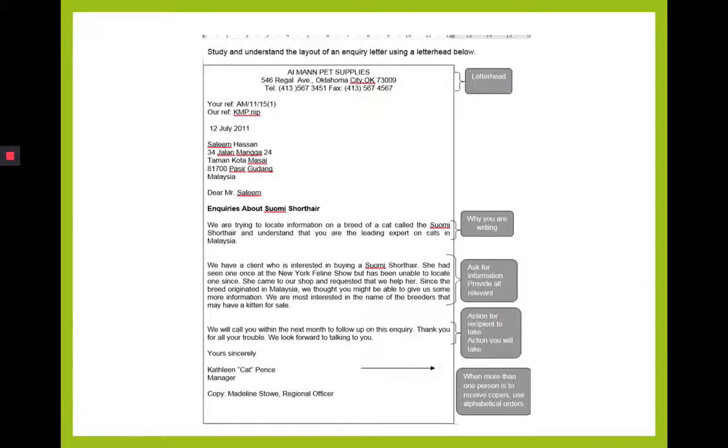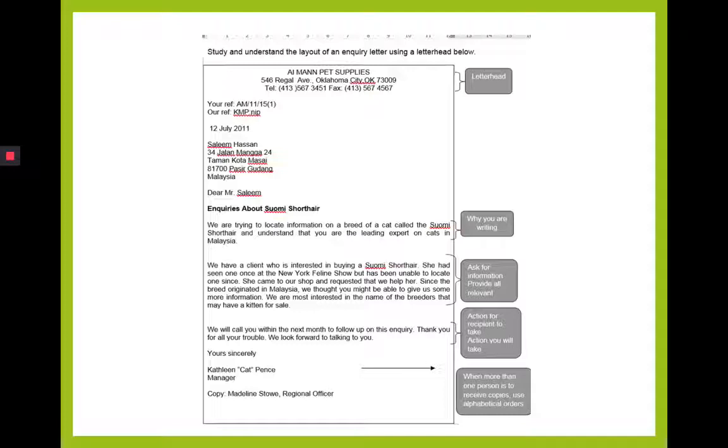Okay. Now, here is a sample of a letter of inquiry. Okay. Letter of inquiry. So as you can see in the letter of inquiry, you are going to start off with the letterhead.